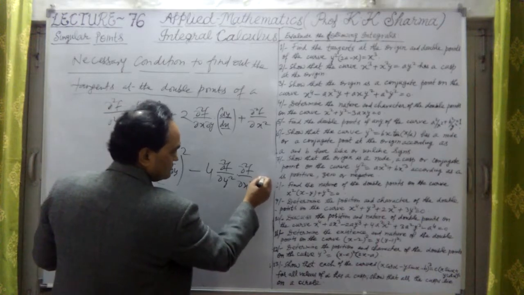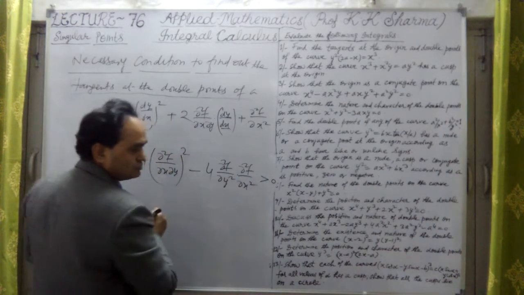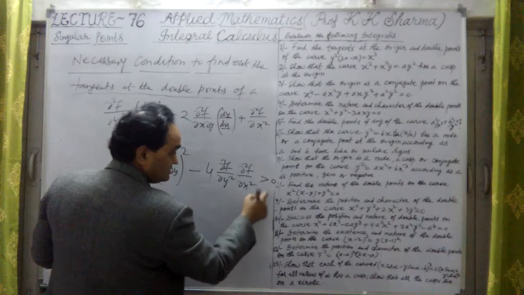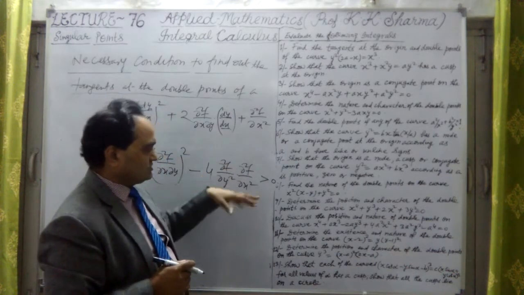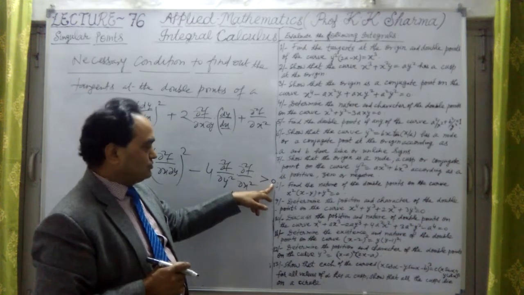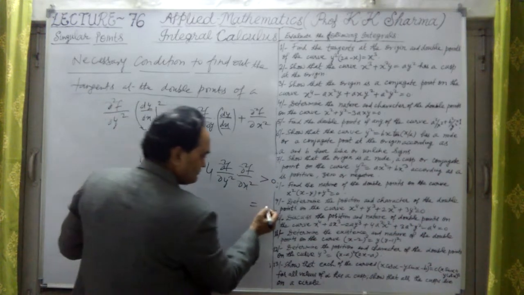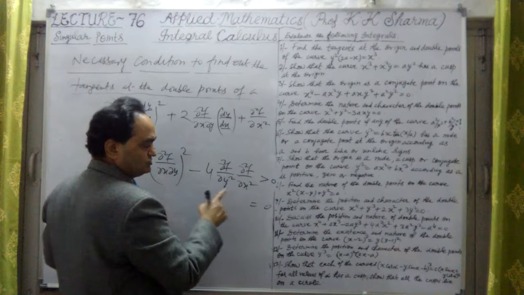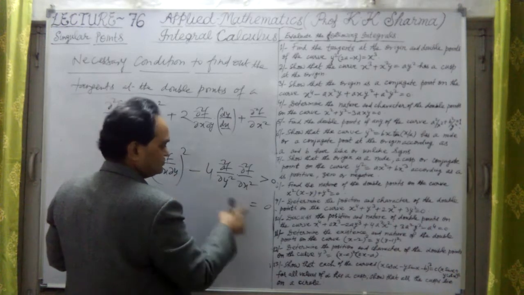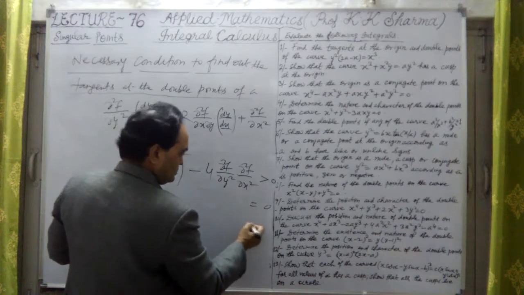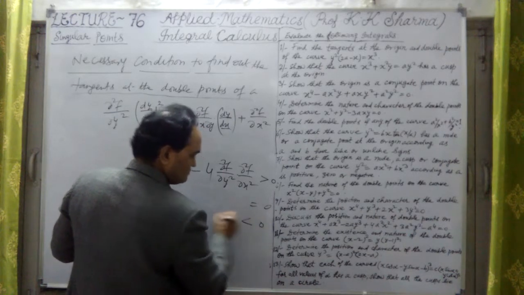It must be greater than 0 for distinct tangents. If the tangents are coincident, then this must be equal to 0, and otherwise less than 0.